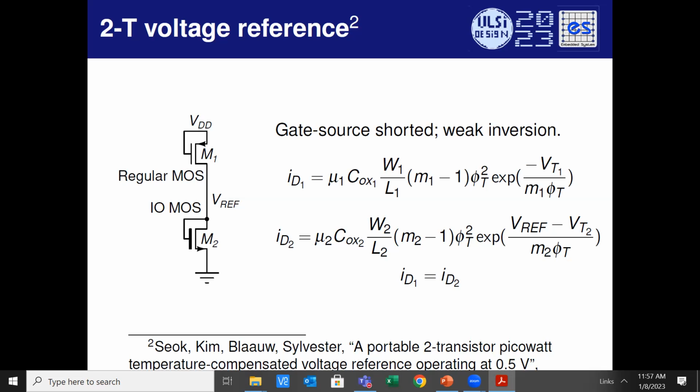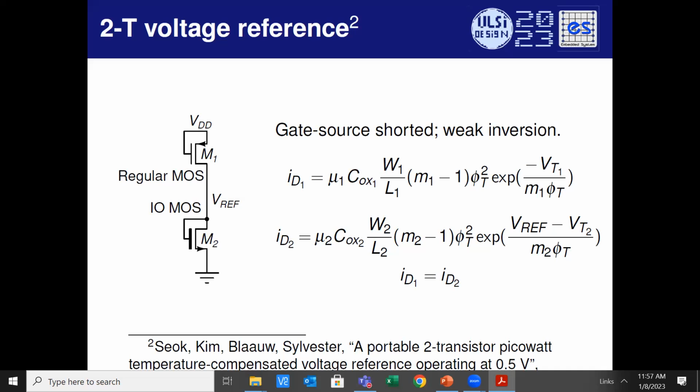You would think that no current flows through this PMOS, but because of weak inversion, you're going to have some current, which is basically this particular expression. And if you notice, this kind of looks like the BJT equation. The weak inversion characteristics of the MOSFET look like the BJT equation. The minus VT1 is because VGS is equal to 0 in this case, so it's 0 minus VT1.